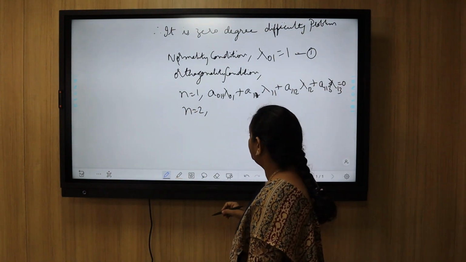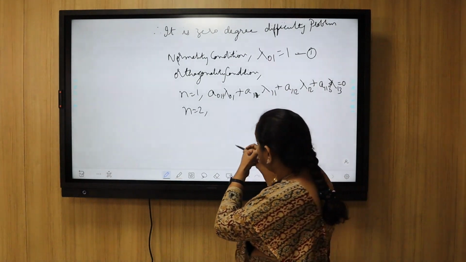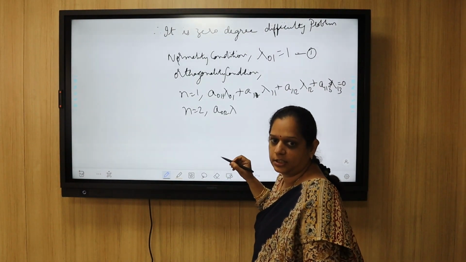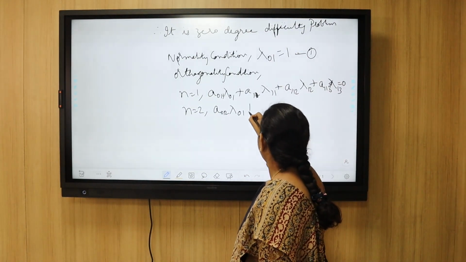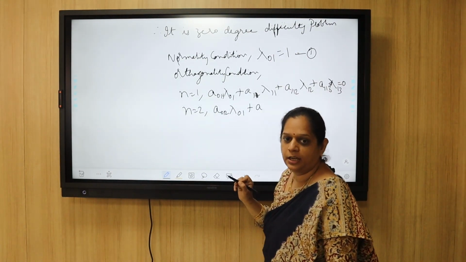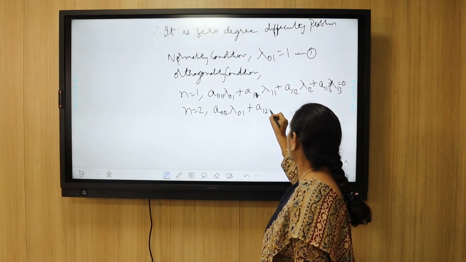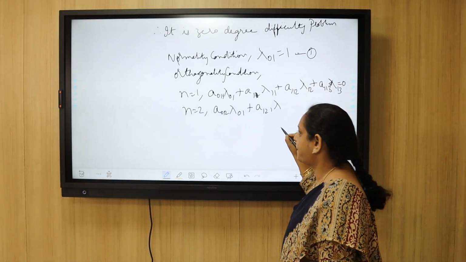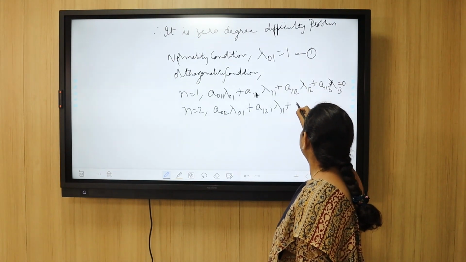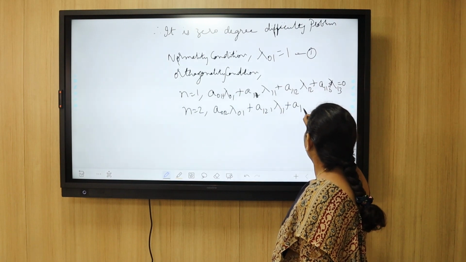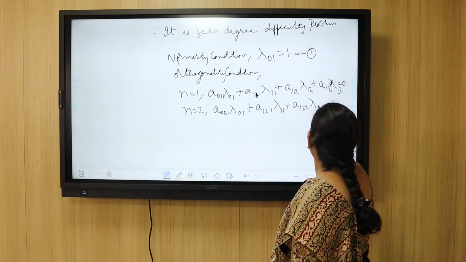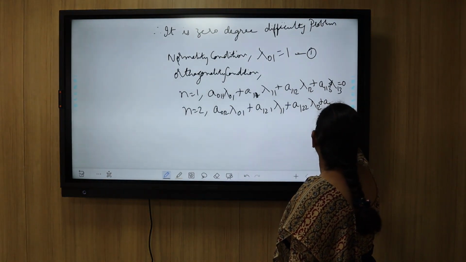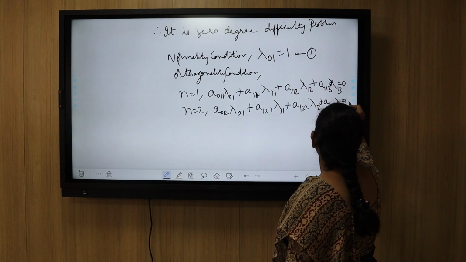So n equal to 2 is a021 lambda 01 plus a121 lambda 11 plus a122 lambda 12 plus a123 lambda 13 equal to 0.